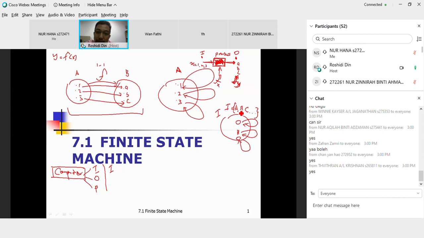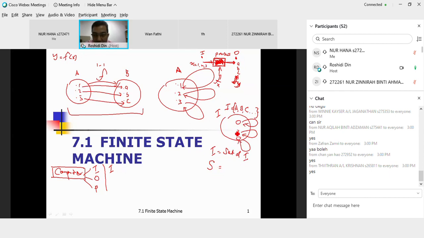Based on this general idea, we can say that I is a set of inputs. A set of inputs, it means maybe A, B, C, and so on. In each offset, we can say this 0, 1, 0, we can represent by S, a state.